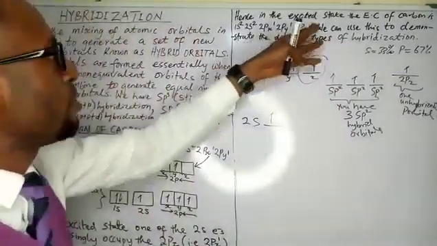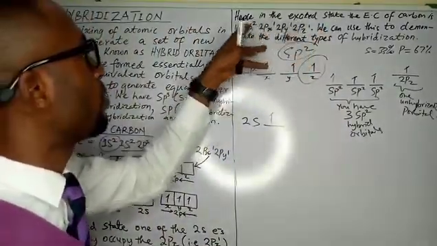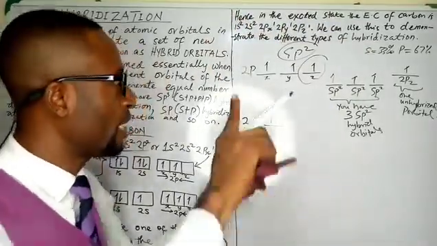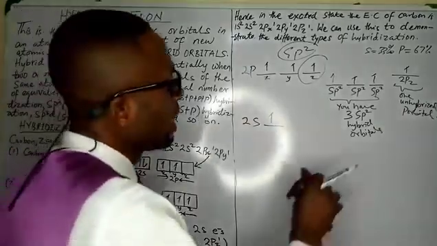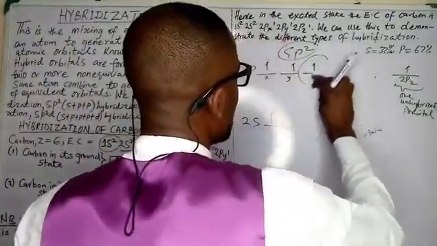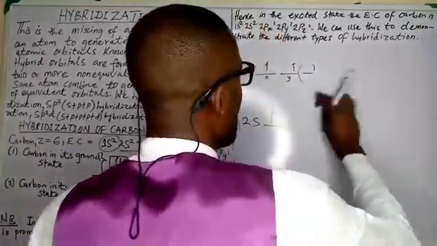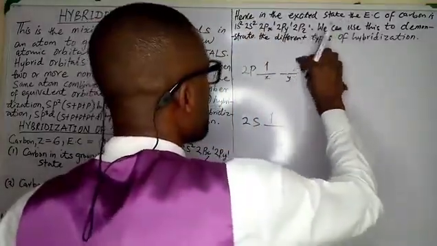You can see that we are using the electronic configuration of carbon in the excited state to demonstrate sp3 hybridization, now sp2 hybridization. Let us see if we can demonstrate sp hybridization. All right.